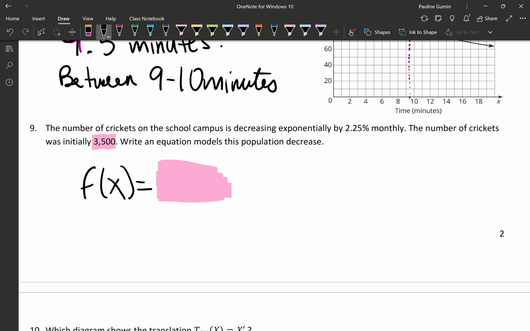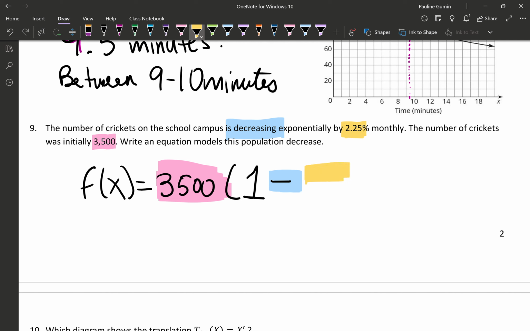Let's write that down. And then we are decreasing, so it's 1 minus. Our percent is 2.25, so when I divide that by 100, I get 0.0225.